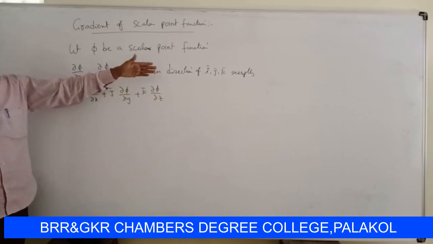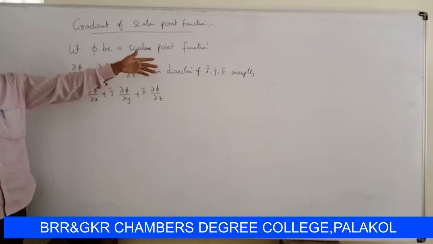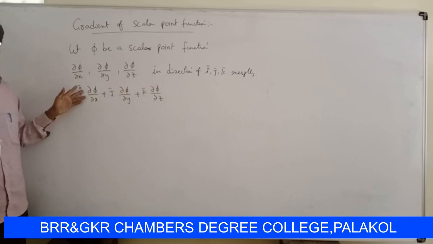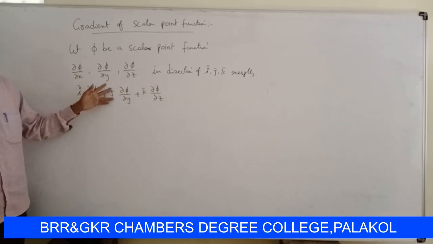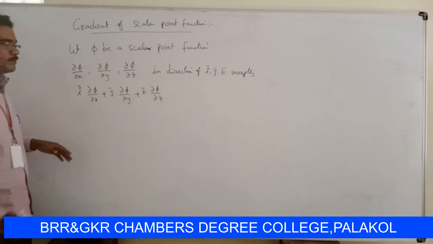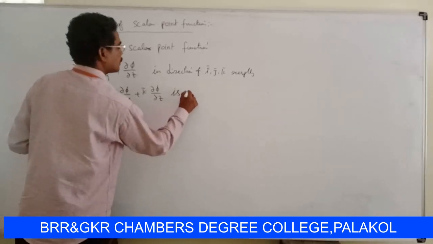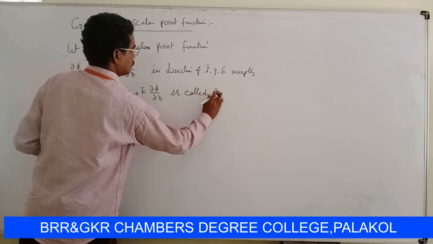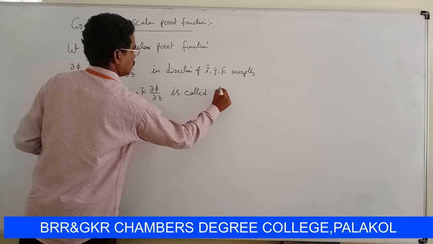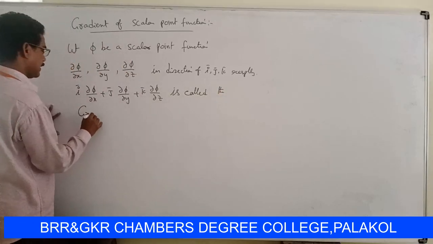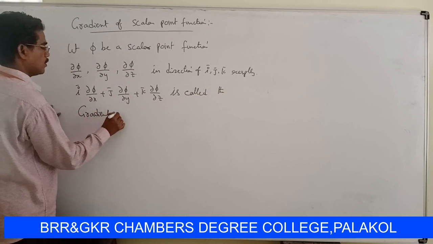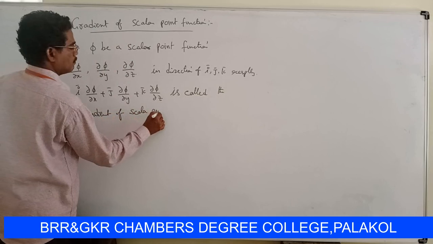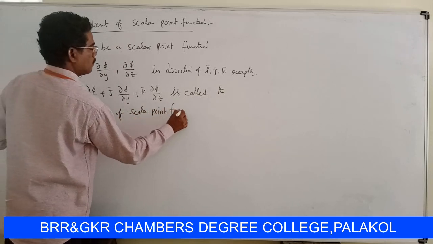in the direction of i, j, k respectively, then the vector function i ∂phi/∂x plus j ∂phi/∂y plus k ∂phi/∂z is called the gradient of a scalar point function.